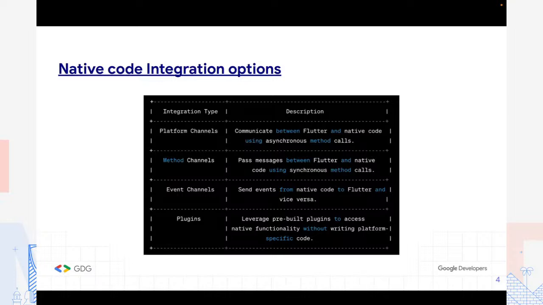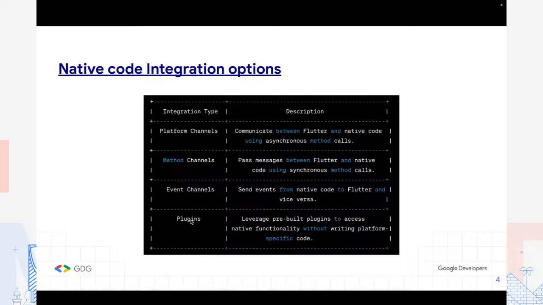That is done using the event channels. So get battery percentage can be an event channel which gets my device's battery percentage from the Android app back to my Flutter app so that I can display it in the UI.